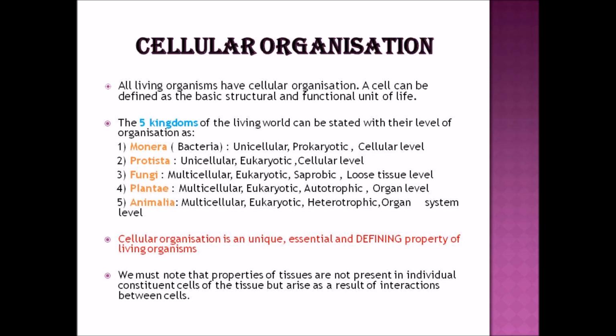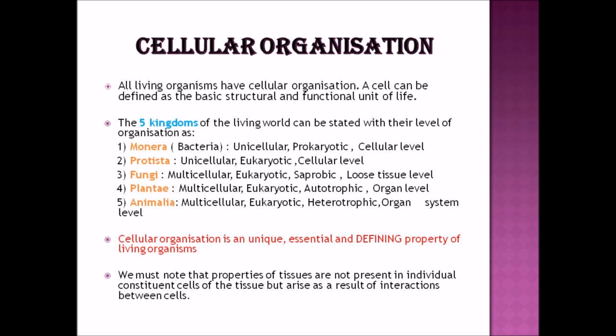The members of kingdom Fungi have a saprobic mode of nutrition, which means that they act as saprophytes, deriving nutrition from the dead and decaying organic matter. They possess a loose tissue level of organization. That means the cells are loosely aggregated here to form tissues.